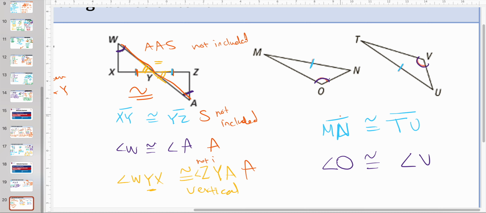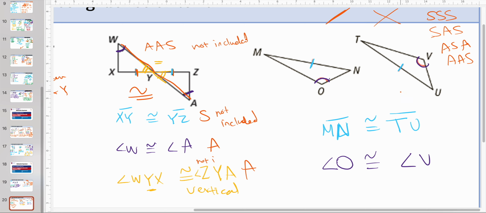No, because I only have two pieces of information. There are no vertical angles, no shared side, there is nothing. So it does not follow side, side, side, side, angle, side, angle, side, angle, or angle, angle, side. It doesn't follow any of them because I only have two pieces of information. I should have three.